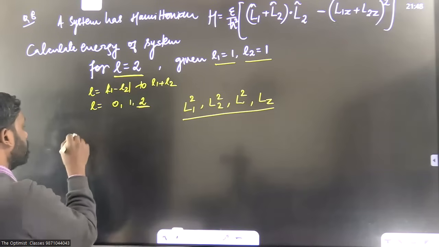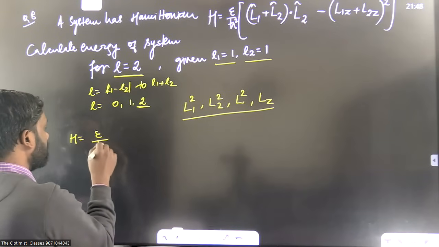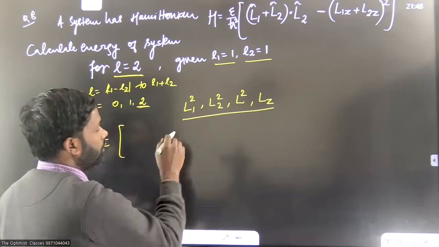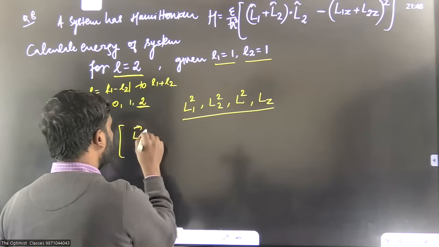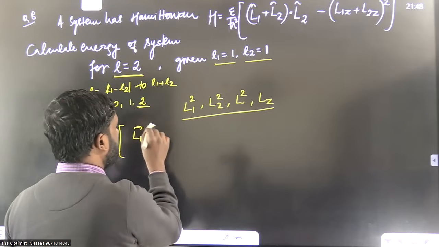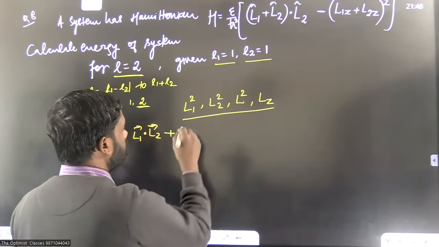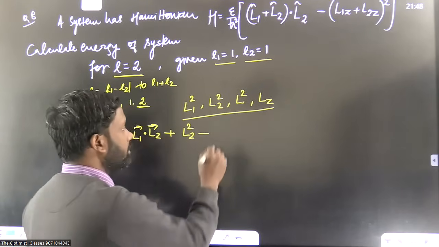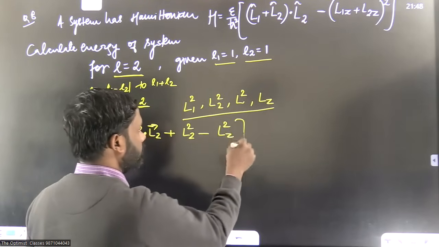So H is equal to, we'll write like this, epsilon divided by H bar square. And here we'll get L1 dot L2, and plus L2 square, and minus L1Z plus L2Z, which will be LZ. So LZ square. This is what we get.